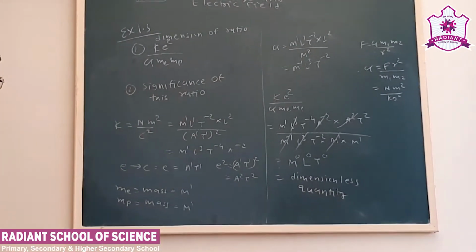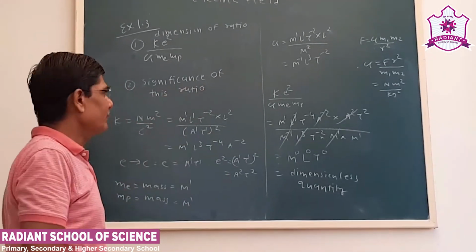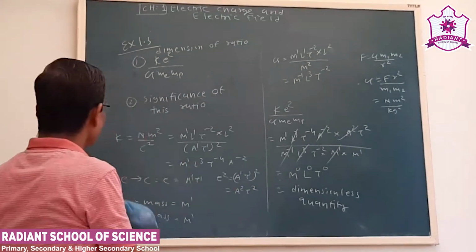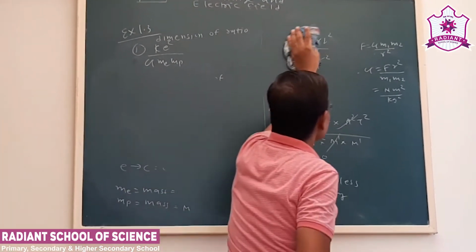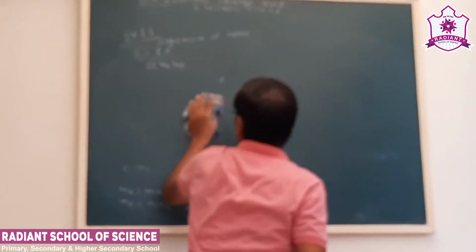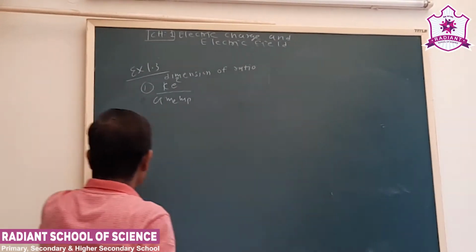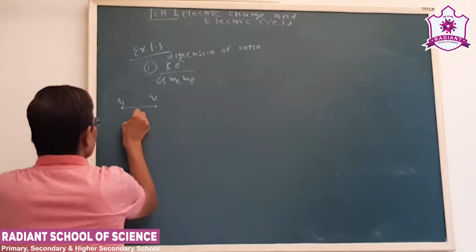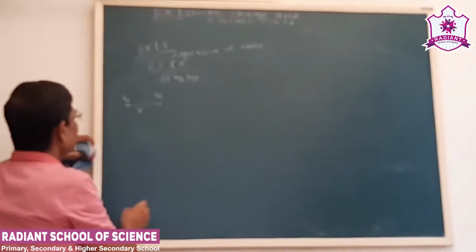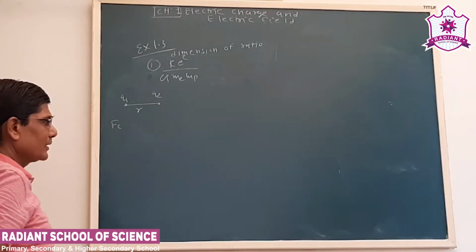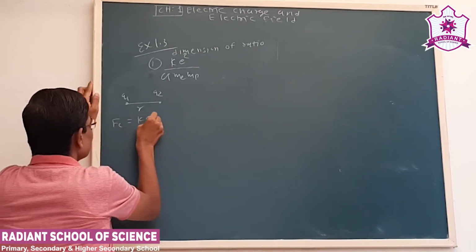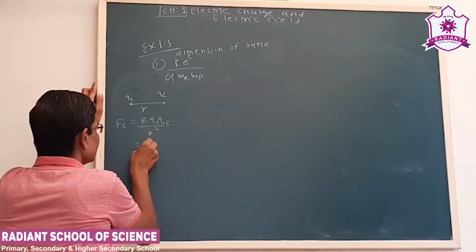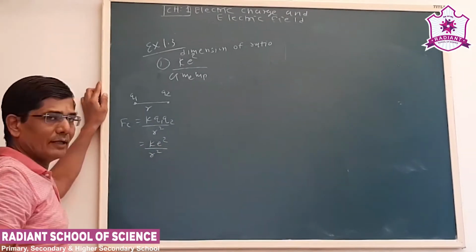Now the second part asks what is the significance of this ratio. Now see, if we modify it a little bit, see two charges separated by R. The Coulombian force, electrical force, Fe is K Q1 Q2 upon R square, that is K E square upon R square. Okay.